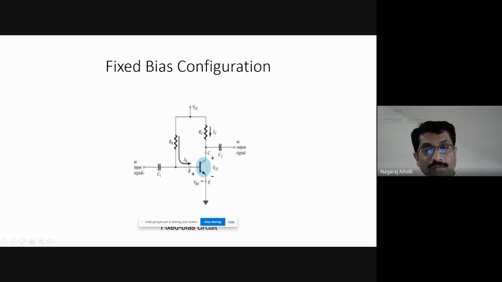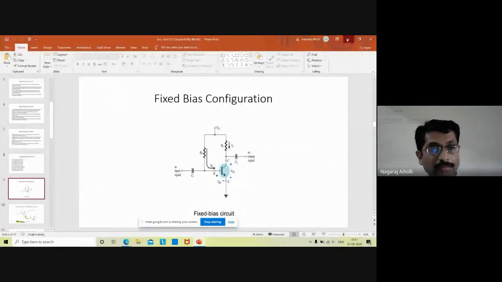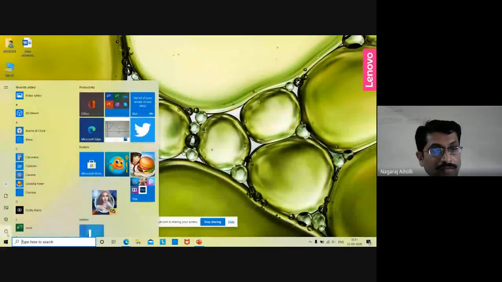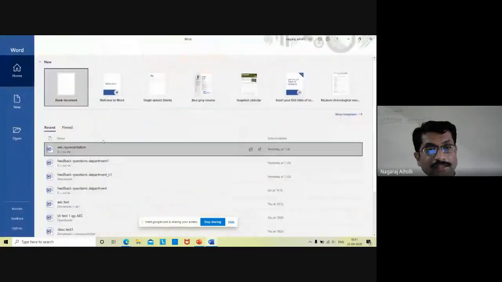When we want to perform the DC analysis, we have to see what happens to the capacitors. For the DC portion of the applied input signal, to know what happens to the capacitors, we have to consider the formula for the capacitive reactance.